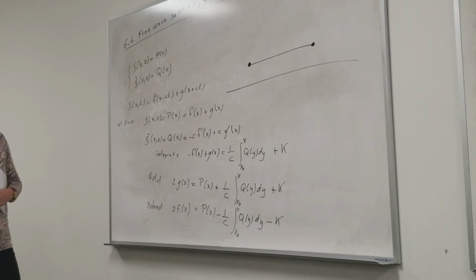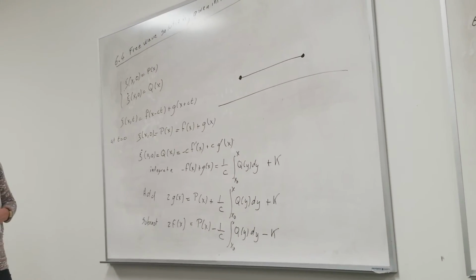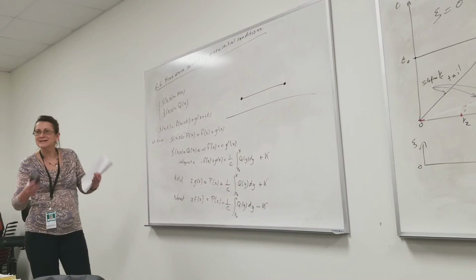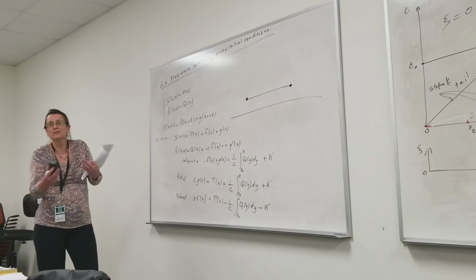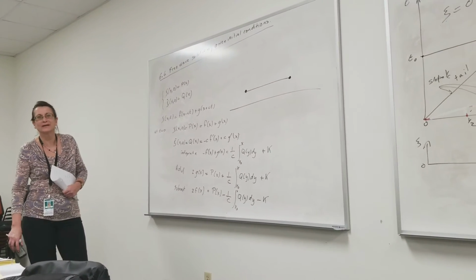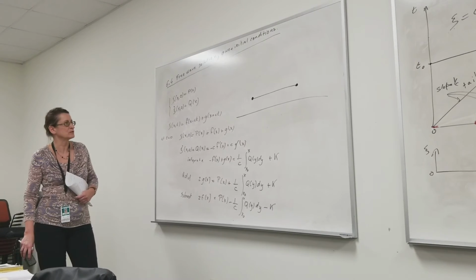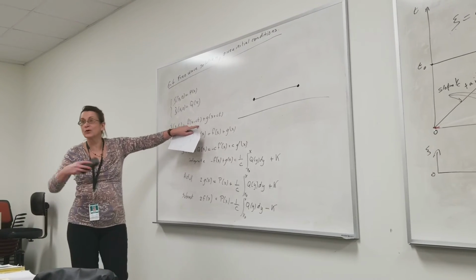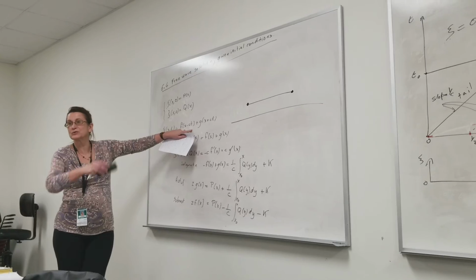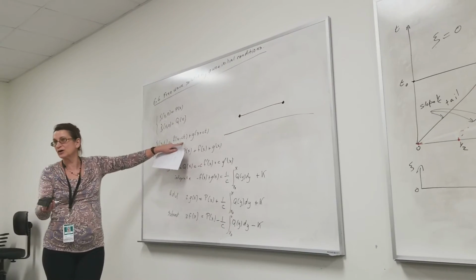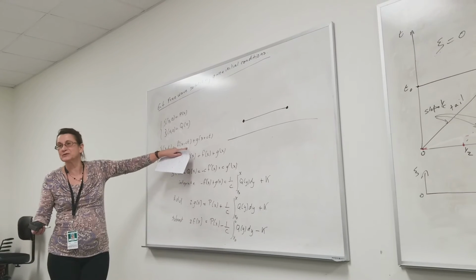I understand. So f is a linear function of a single variable, and that single variable happens to be a combination of two variables, but f depends on one variable, which is x minus ct. We called that r when we came up with those two solutions. We had an r and an s. So f is a function of r, and r just happens to be x minus ct.